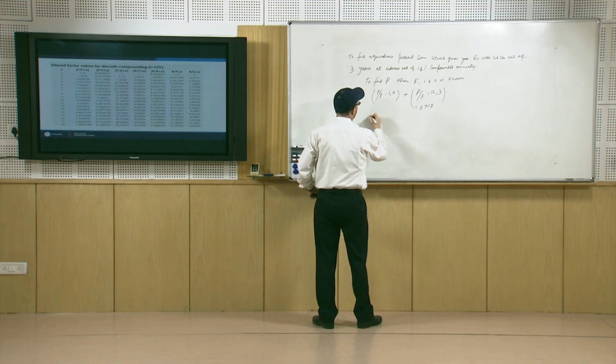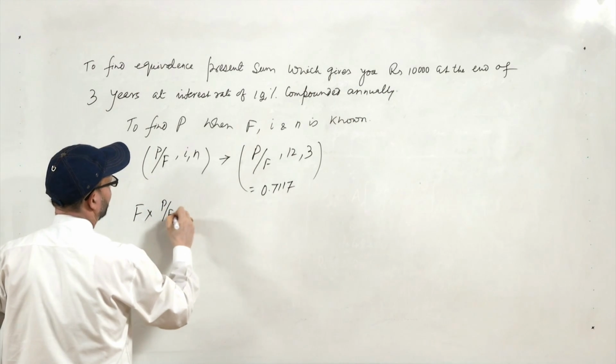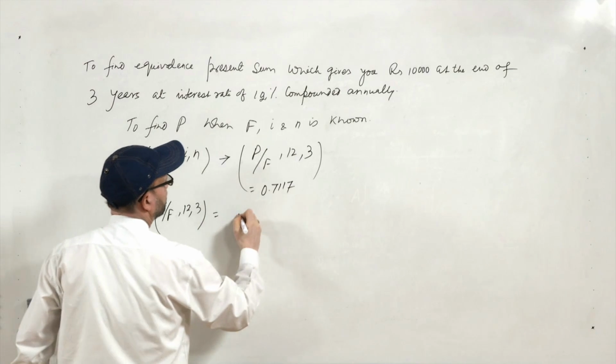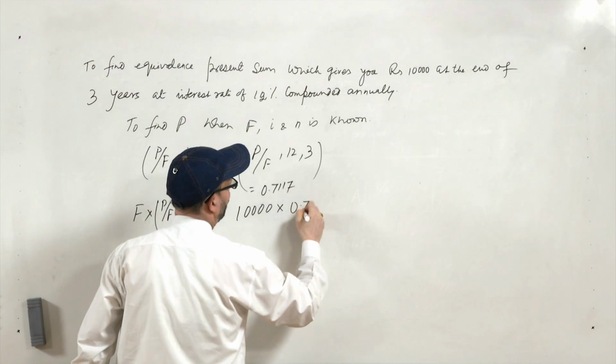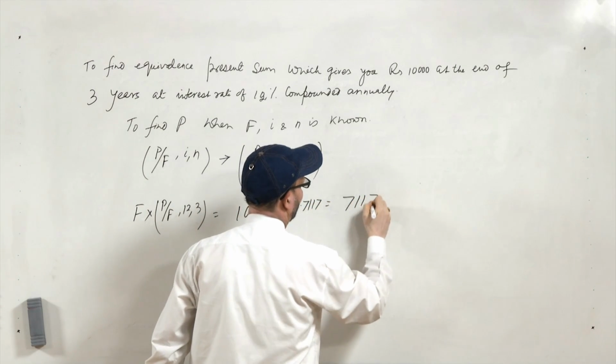So, 10,000 F into P by F, 12, 3, that is 10,000 multiplied by 0.7117, that is 7117 rupees.